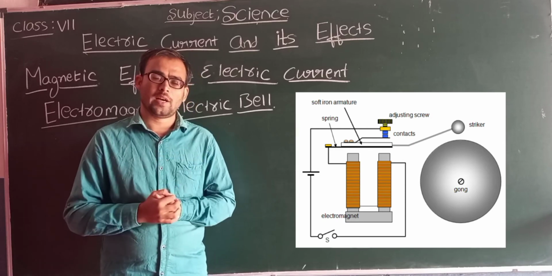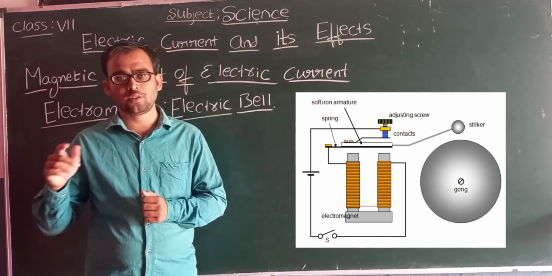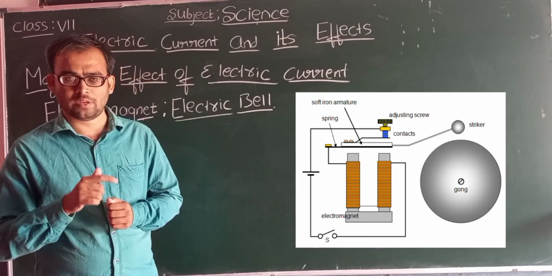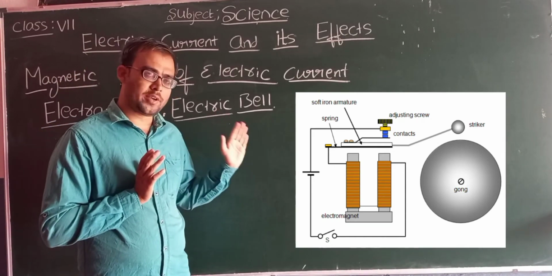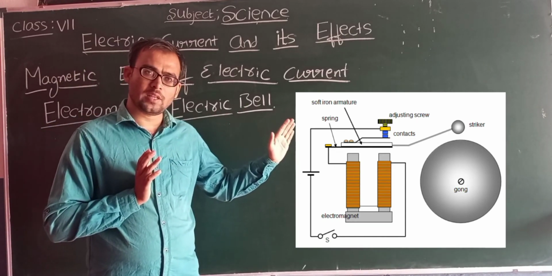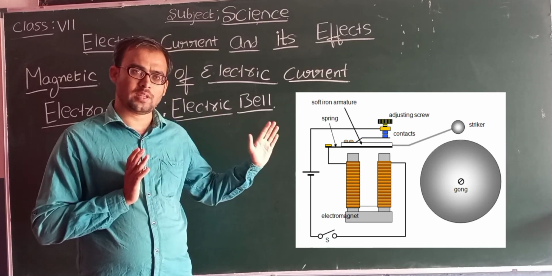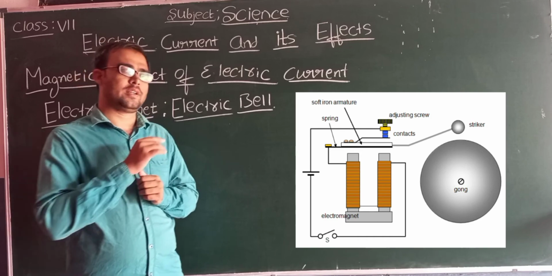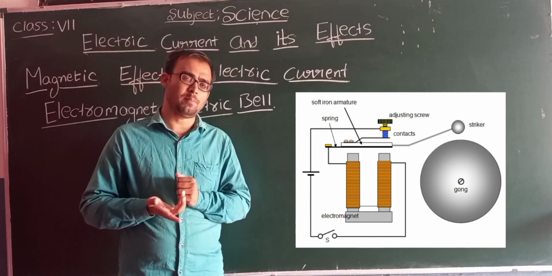Now, how does the electric bell work? At first, students, the contact screw is in contact with the iron strip. If it is in contact with the iron strip, then the circuit gets completed.